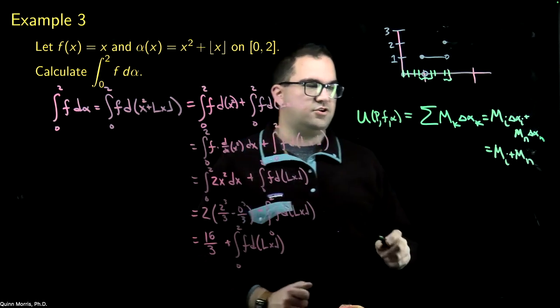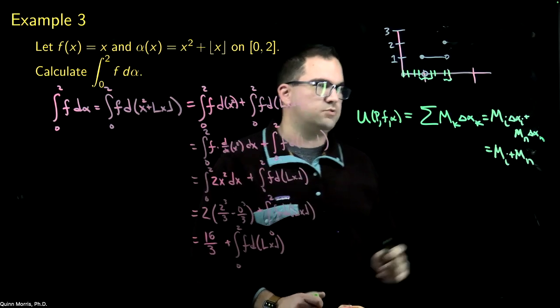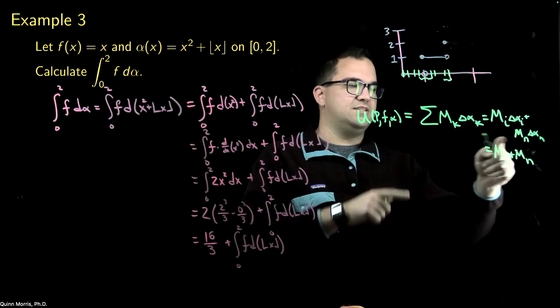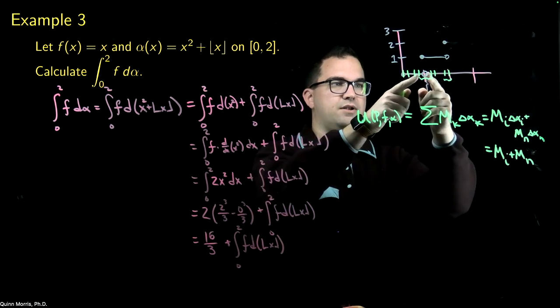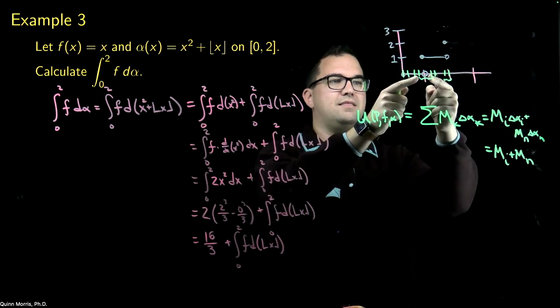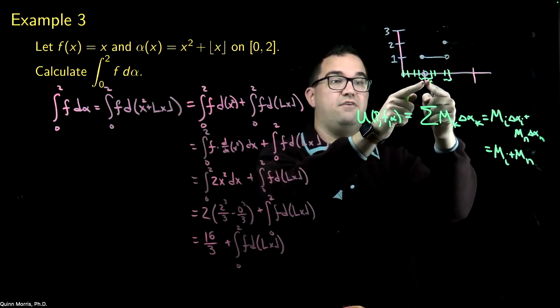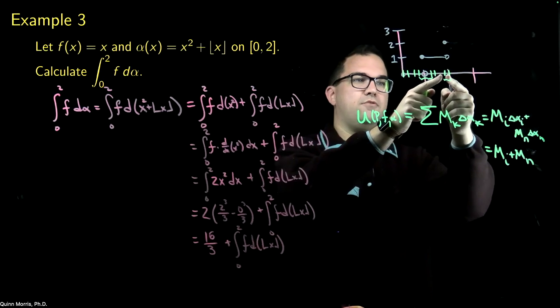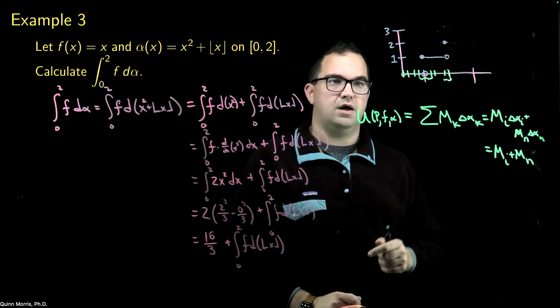And then to find the upper integral, you want to take the infimum of all these. Well, the way you make these smaller, because these are each defined to be supremums over these subintervals, is you make the subinterval smaller. As you make the subinterval that contains 1 smaller and smaller, it's collapsing to f of 1. And same thing over here, as you make this subinterval that contains 2 smaller and smaller, it's just collapsing to 2.